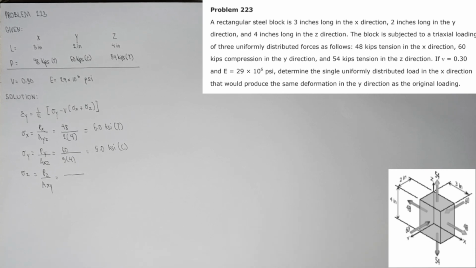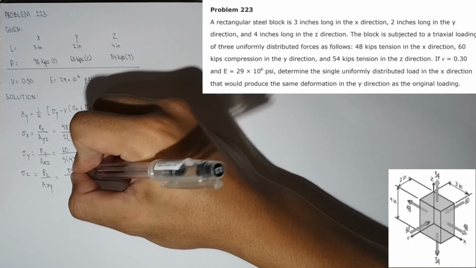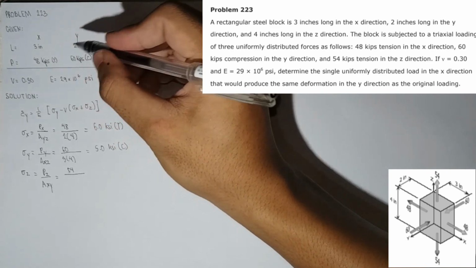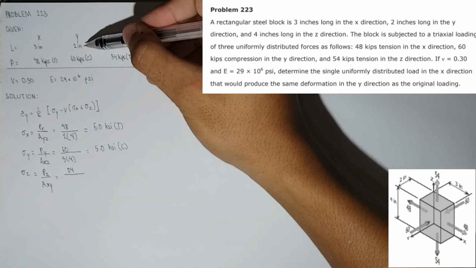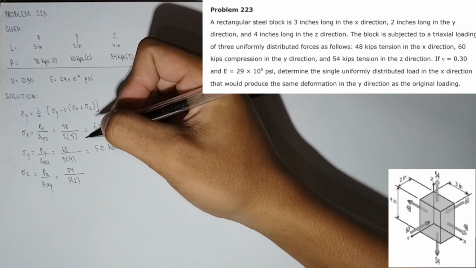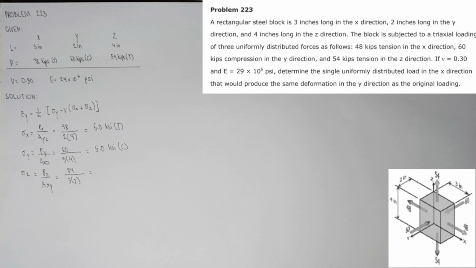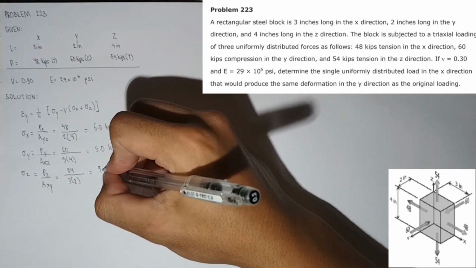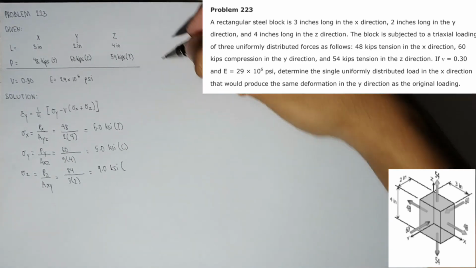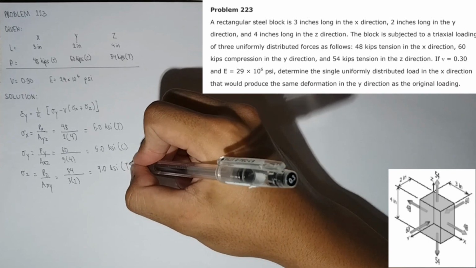So for our force P, we have here 54 over area X times Y. So X 3 times Y 2, 3 times 2. Okay, so the result would be 9.0 KSI. And since this is tension and it is positive, guys, we put here tension.